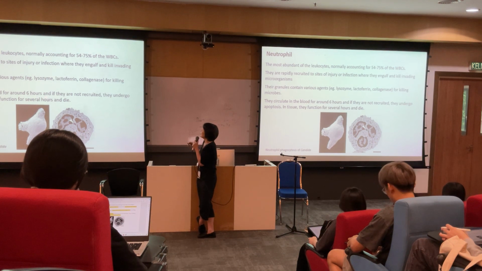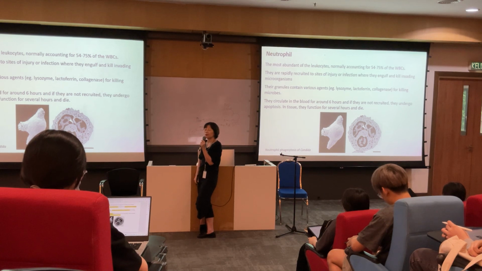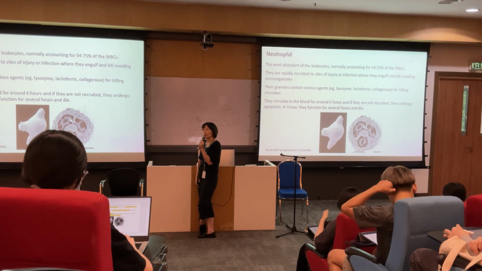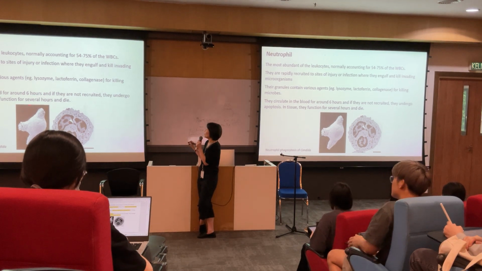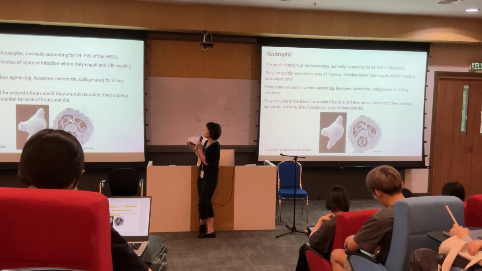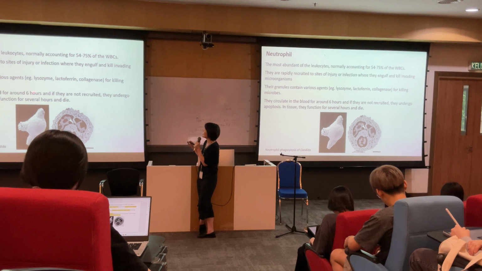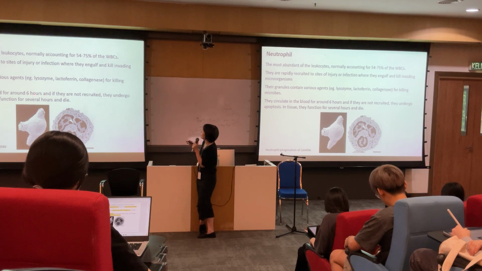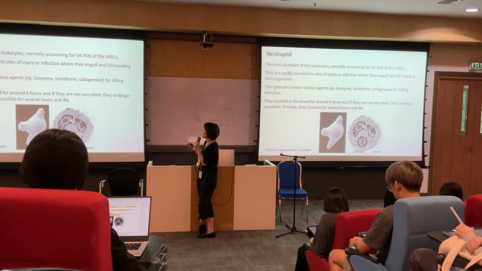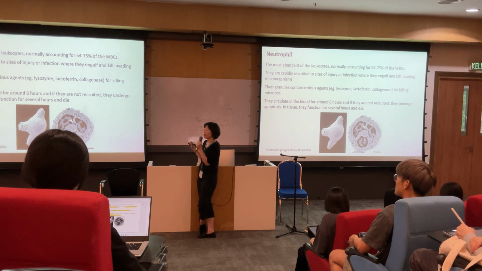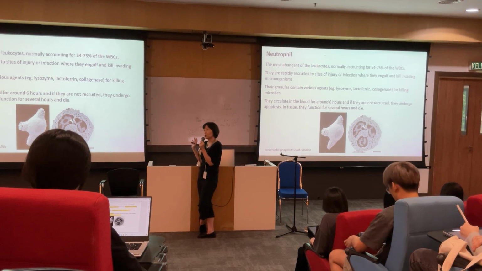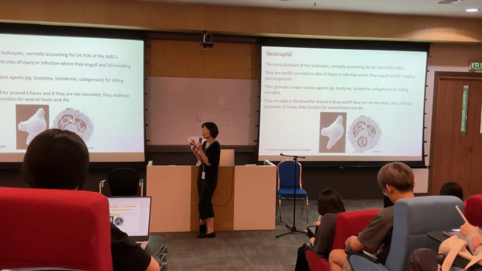They are all used to destroy the microbes once they engulf them inside the cells. Now this is important. Neutrophils are the first to come to the site of infection. So they act very quickly, normally within the first 6 hours, and macrophages and dendritic cells will only come later on.